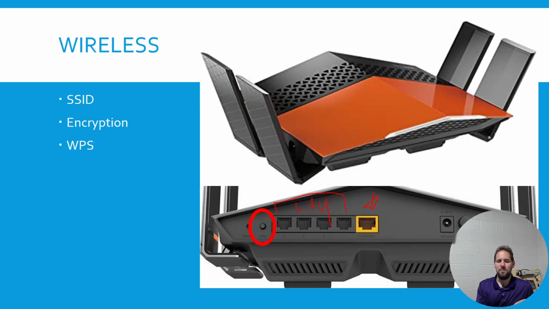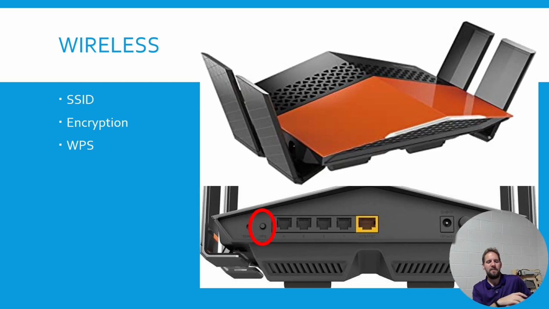We also have WPS. This is not an encryption standard, but some routers used to have this little button right here, circled in red. It was a way to automatically configure devices to your network. So as long as you had access to your router, you could add a device just by pressing a button.